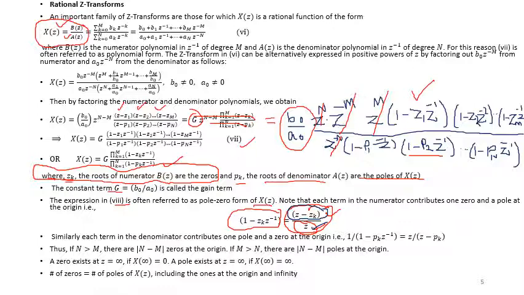So that means it contributes one zero and one pole.